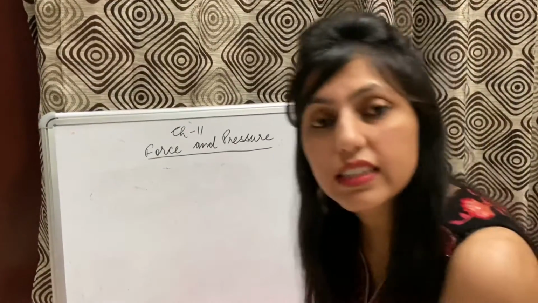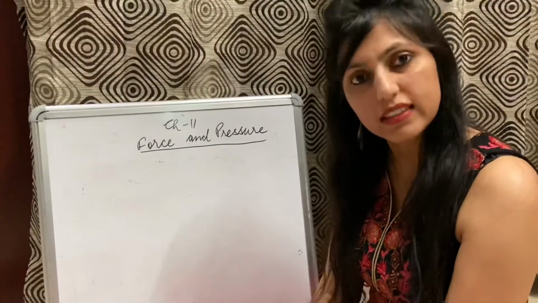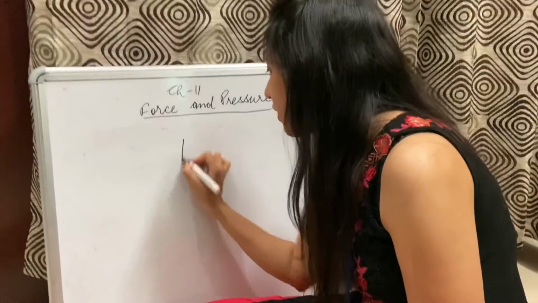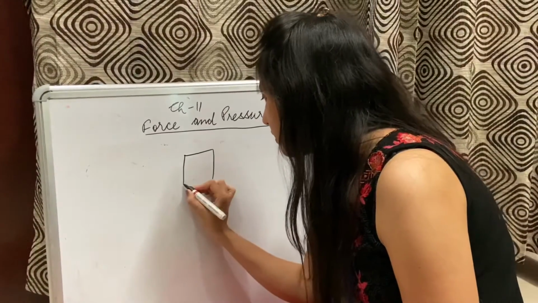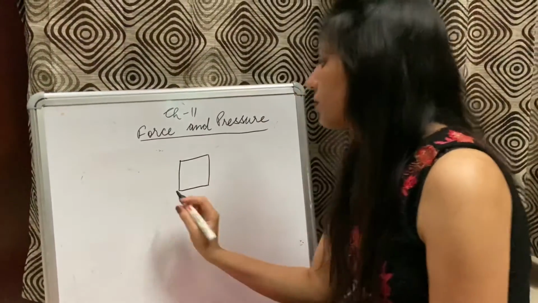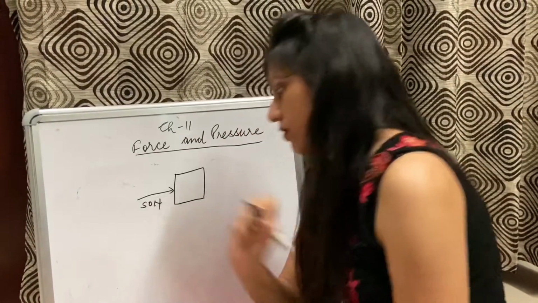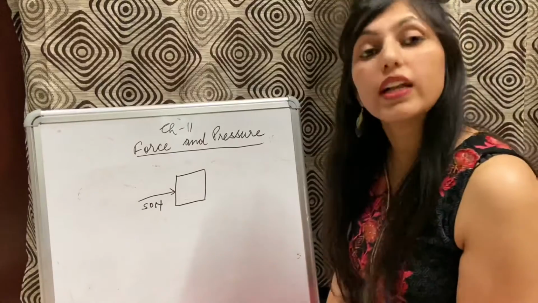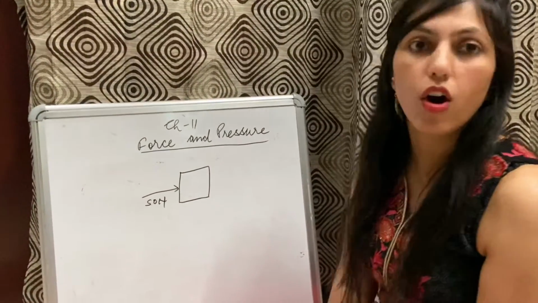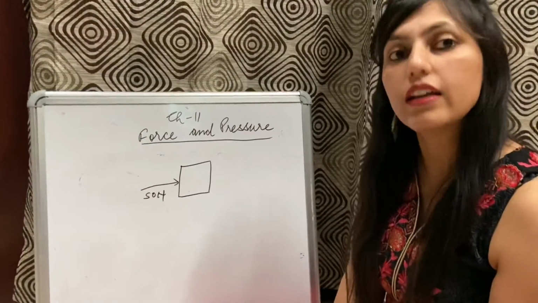Now next is the resultant force. What is resultant force? Suppose we have a box here and we are applying 50 Newton on this box. Total net force acting on any object is termed as the resultant force.